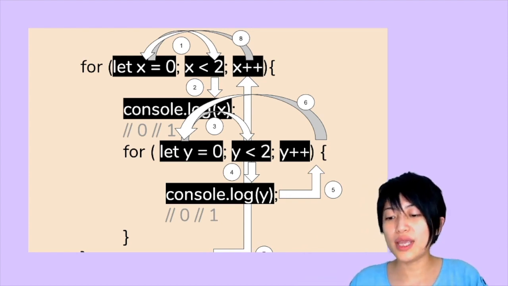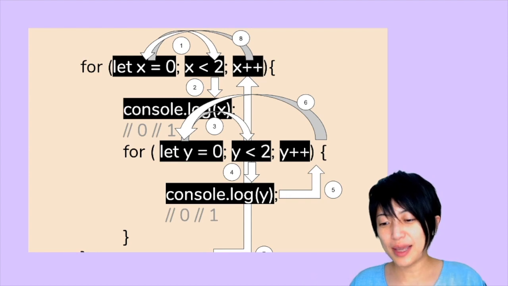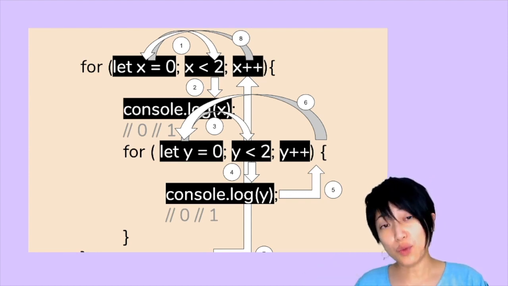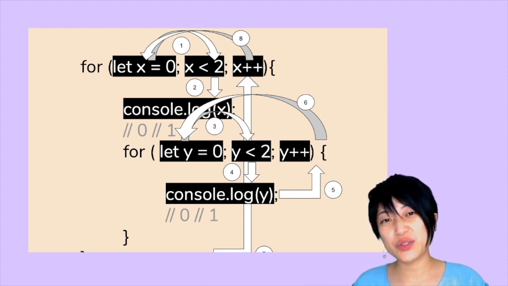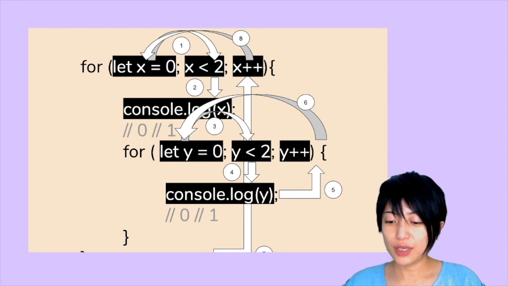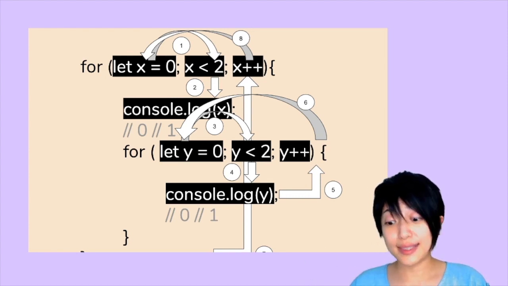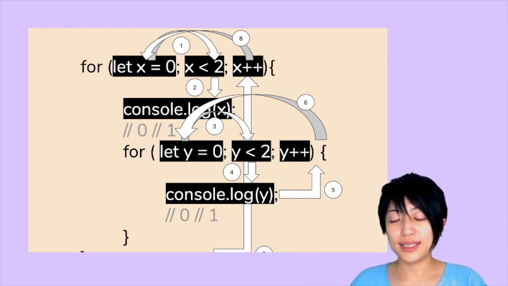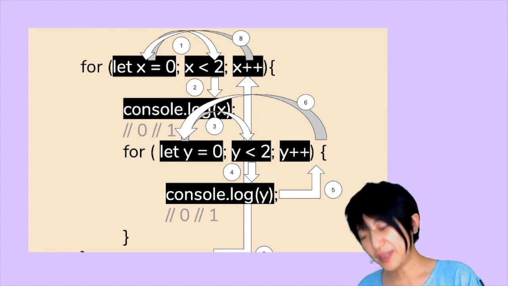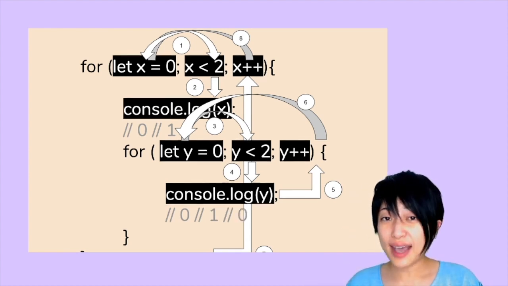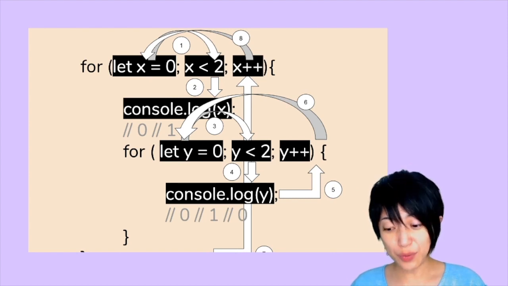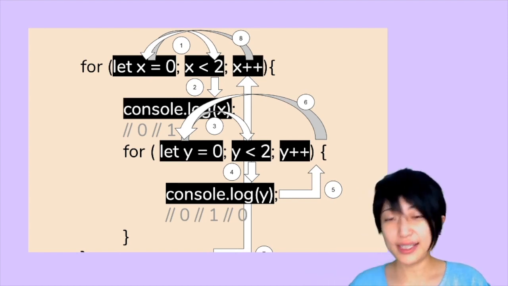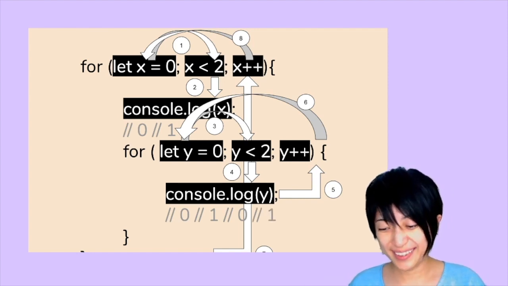So now we are at the step where x is equal to 1, and it's going to meet that inner for loop again and be like, oh, okay, I'm going to execute a for loop now. So it goes through the steps of let y equals 0, and indeed that's smaller than 2, y plus plus, and gives me another y equals 0. Then it loops back that inner for loop and gives me y equals 1, right?